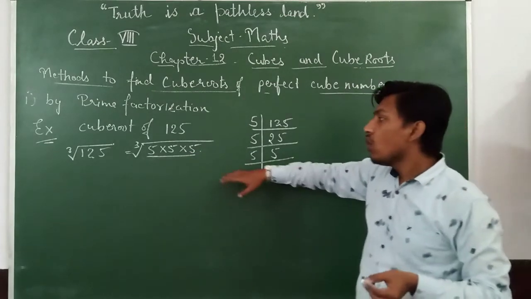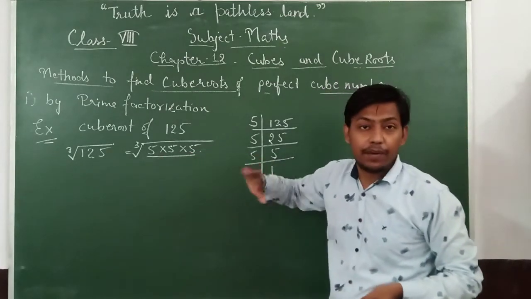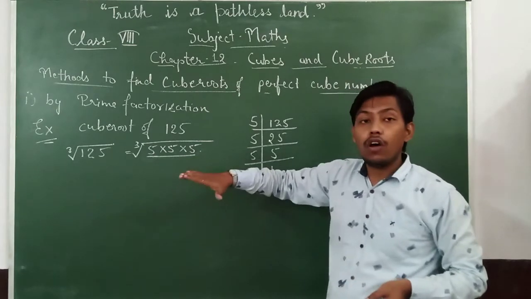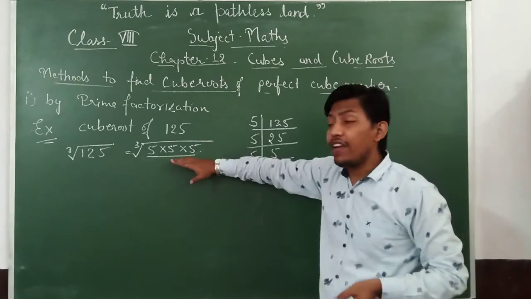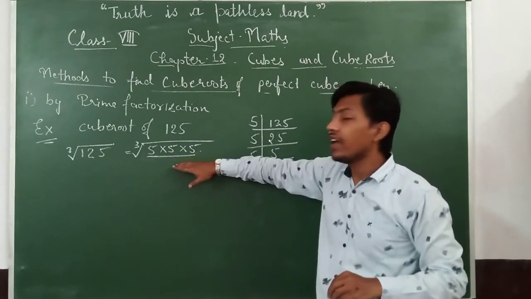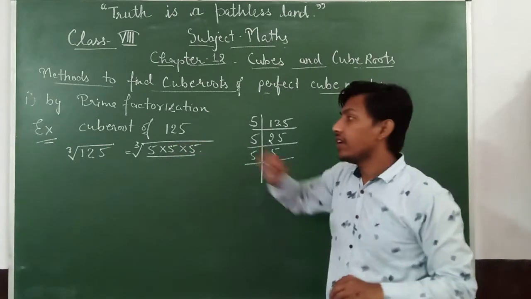We choose one prime factor from each triplet as the cube root of that number.